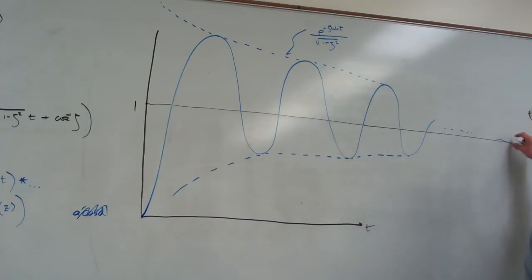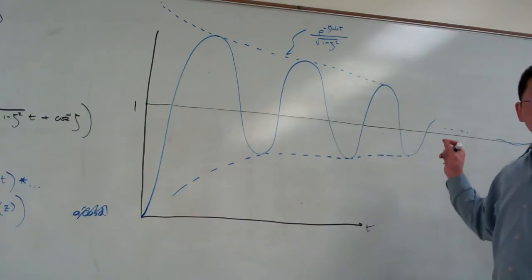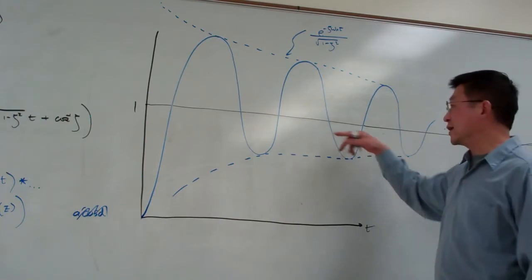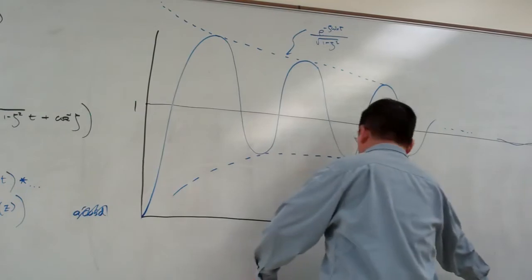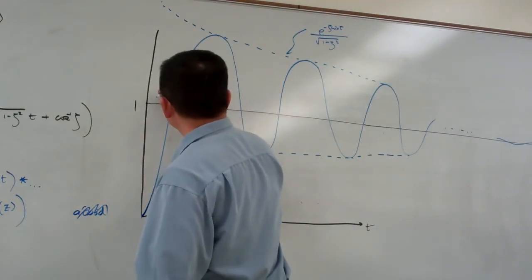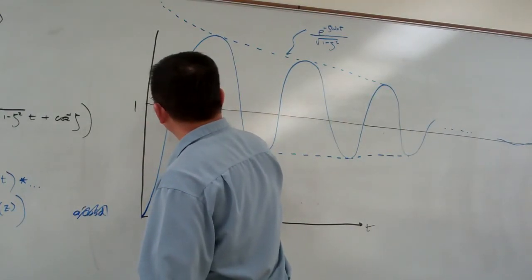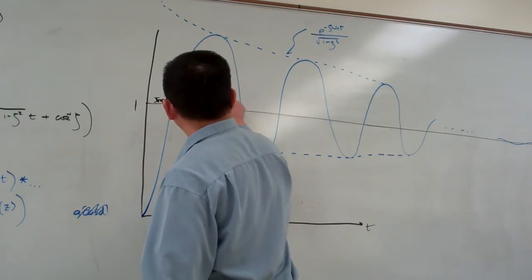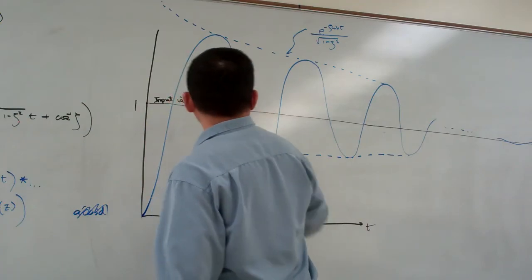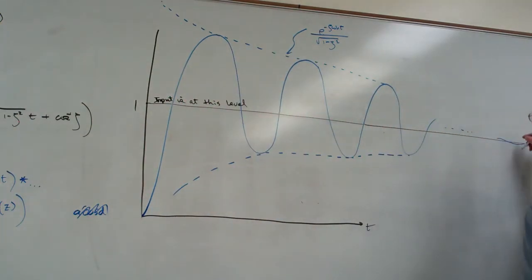So eventually, the system is going to converge to the steady state, which is equal to 1 here. So 1 is our input. Okay, so this is the eventual response.